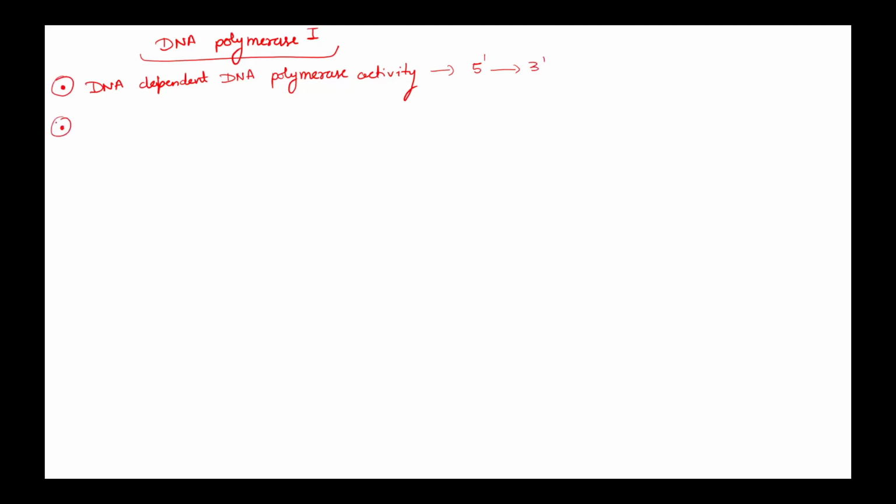Second point, this DNA polymerase has one exonuclease activity, or we can say proofreading activity, which is in 3 prime to 5 prime direction.